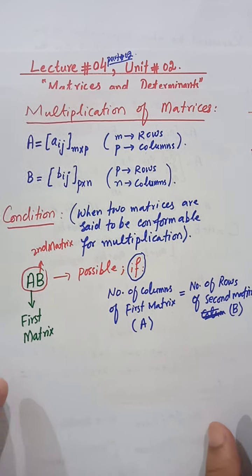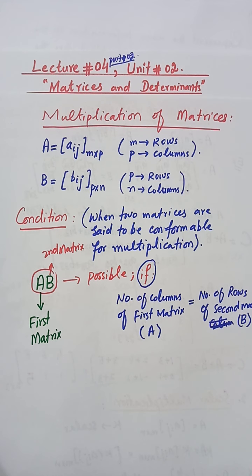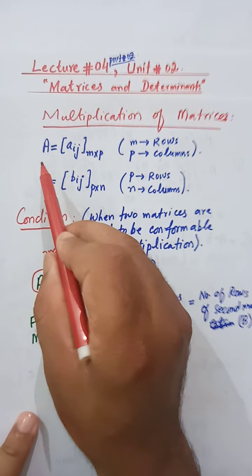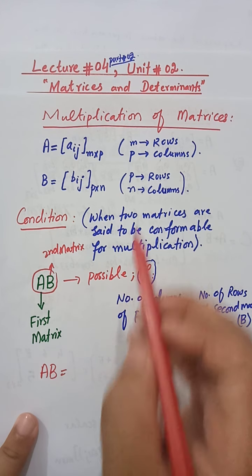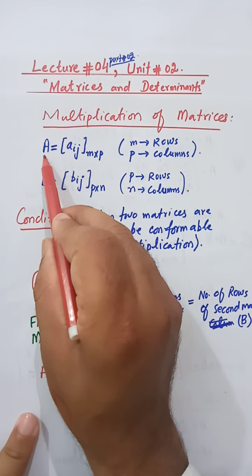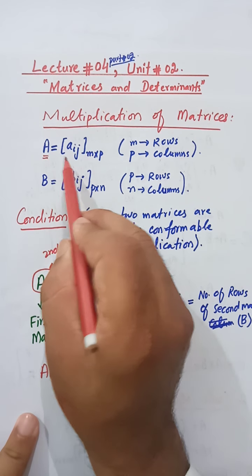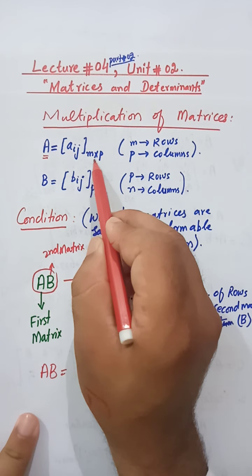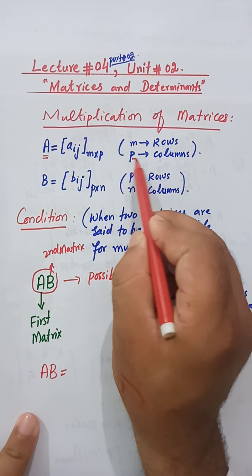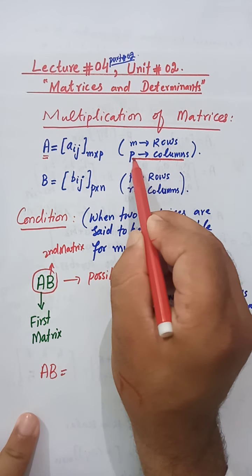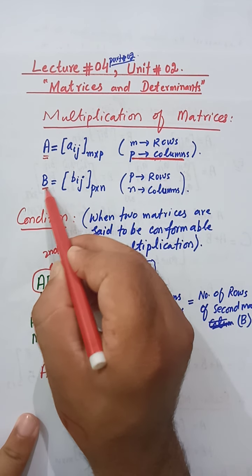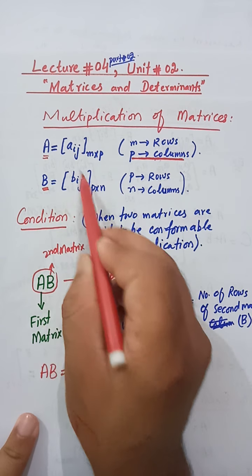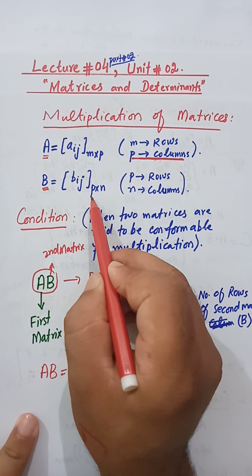So here you see, let's say you are finding A multiplied by B. This is your first matrix that you considered in general form having order m by p. So the number of columns in the first matrix is p. The second matrix is B in general form having order p by n.